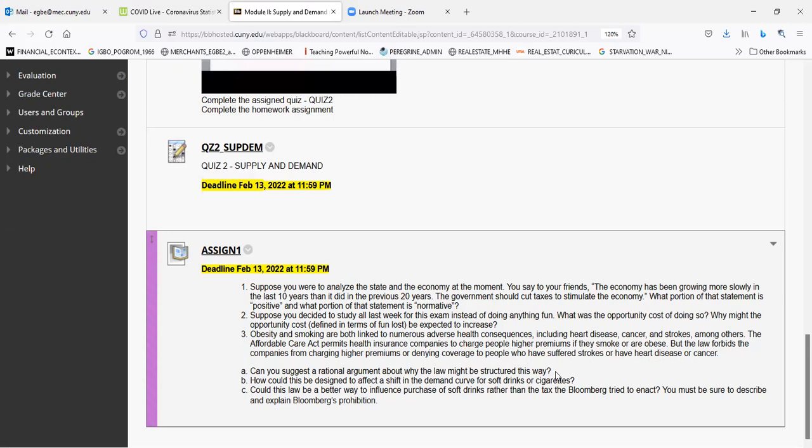Why is it that the law forbids insurance companies to charge higher premiums to people that have suffered strokes in the past? That's health insurance companies. But they are allowed to charge higher premiums if people smoke or are obese.